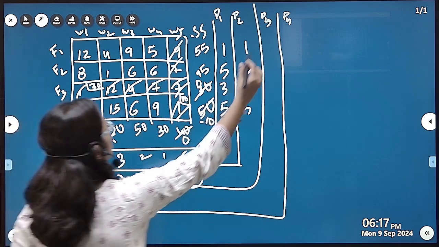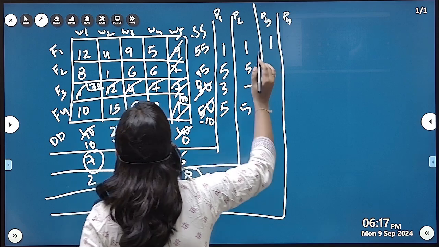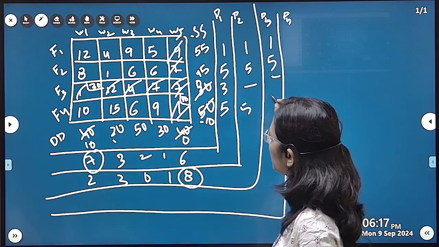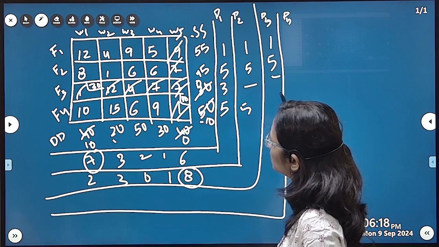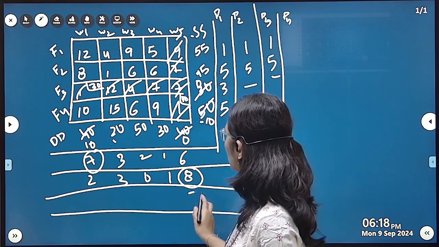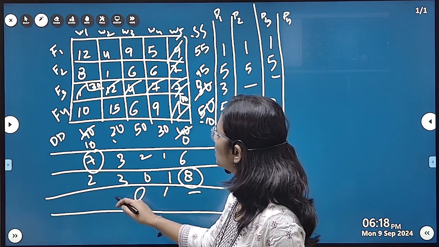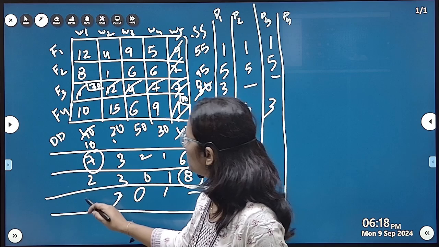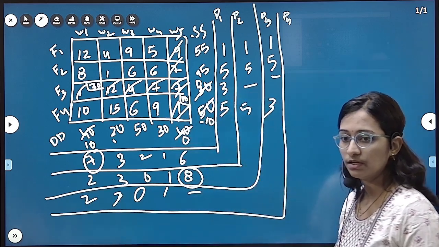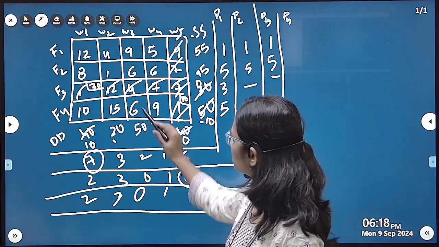So next P3, 1, so 1, right? So it's 5 nil and 9 minus 6 is 3, nil, 1 0 3, 8 minus 2. Is there any doubt? Clear? 6 minus 6 is 0, right?